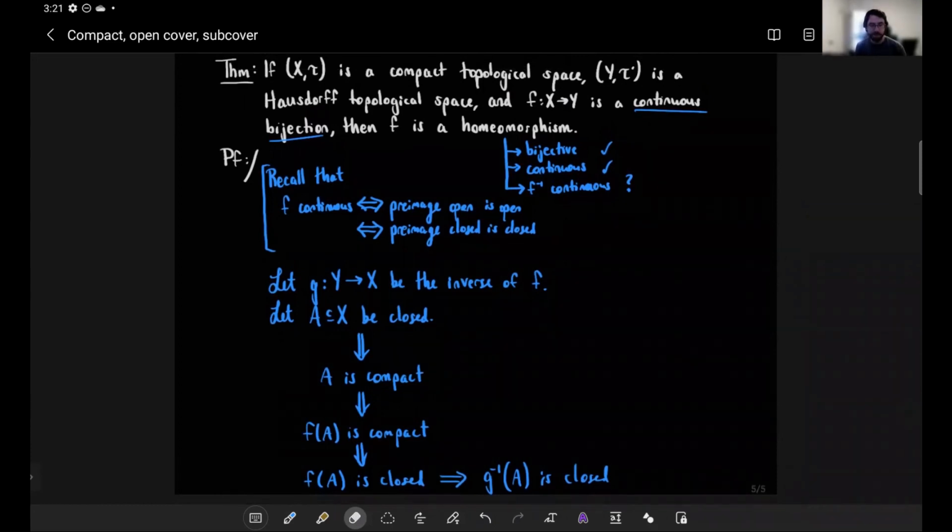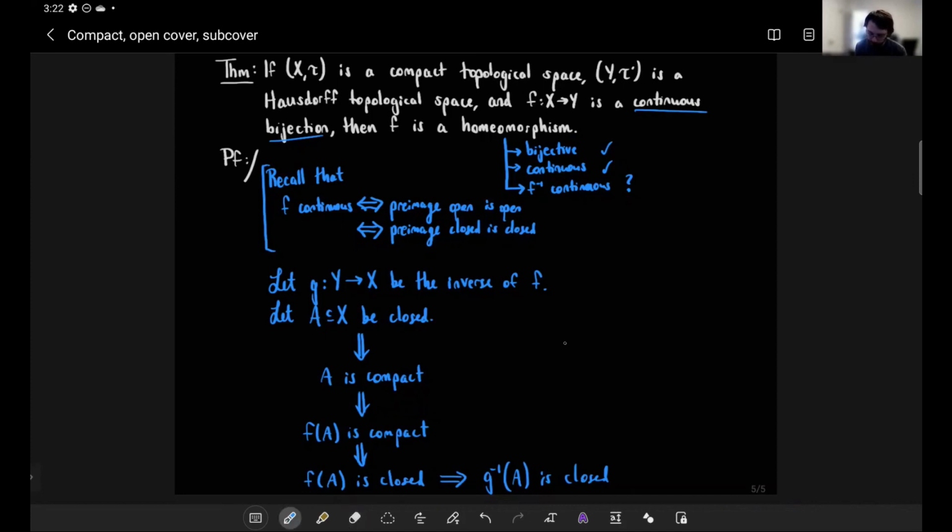Anyway, that's it for compactness. That effectively shows us that compactness is a topological property. It's preserved by homeomorphisms. And so if you had two topological spaces, one of which was compact and one of which was not, there you go. That's all you need to show they're not homeomorphic.